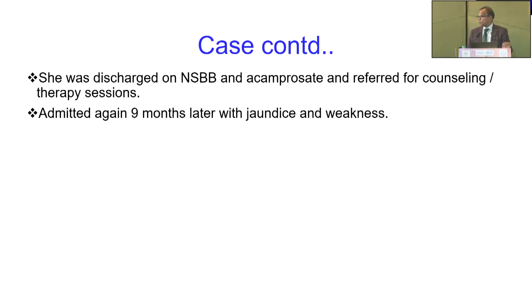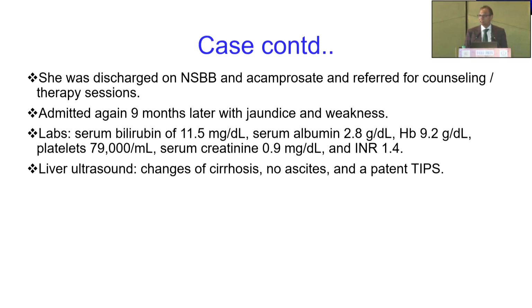So let's come back to the case now. She was discharged on non-selective beta blocker, and she was discharged on acamprosate and was referred for counseling and therapy sessions. Now she comes back to the same program 9 months later, now comes with jaundice and weakness. Labs, she's clearly alcohol-associated hepatitis. Now, severe alcohol-associated hepatitis, she continues to have cirrhosis.